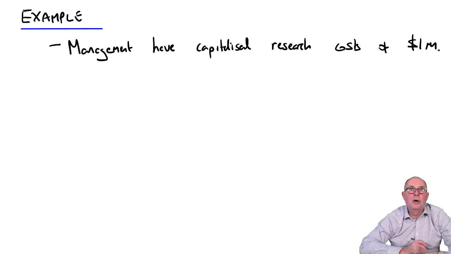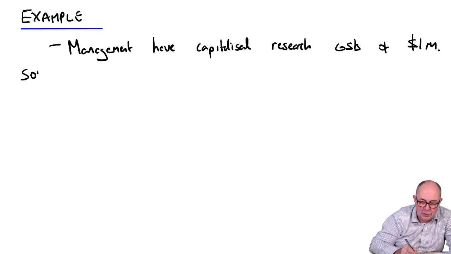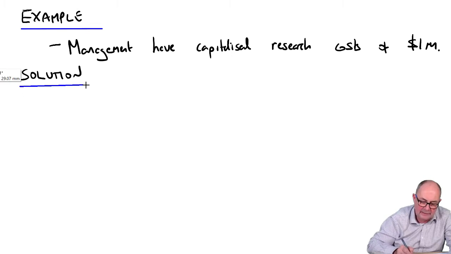So we know, I hope you know, that those costs should have been expensed in the profit and loss. So let's have a look at the suggested approach in the notes, the points that you need to make.